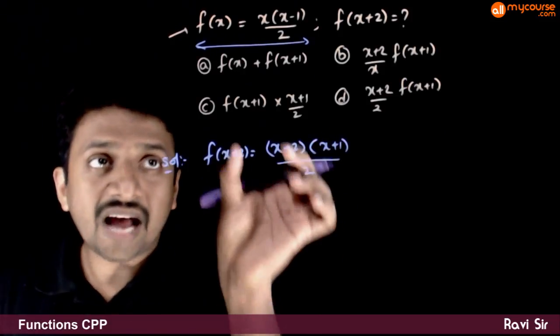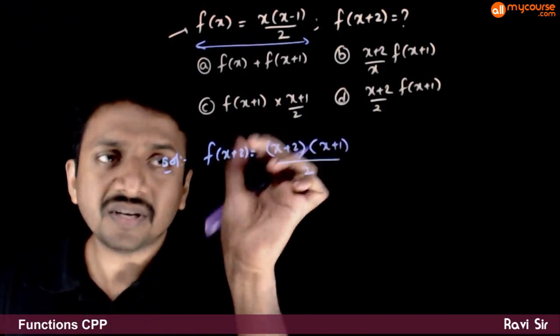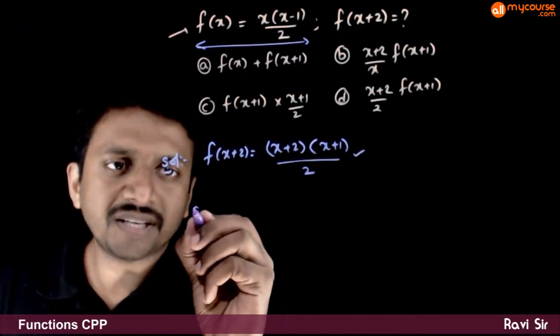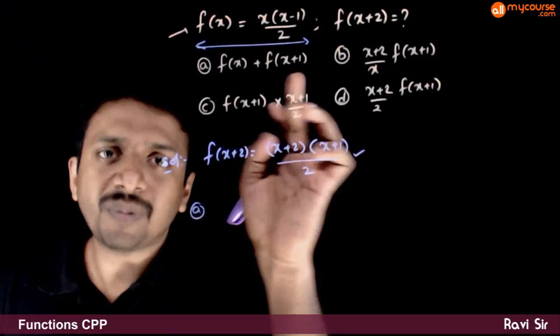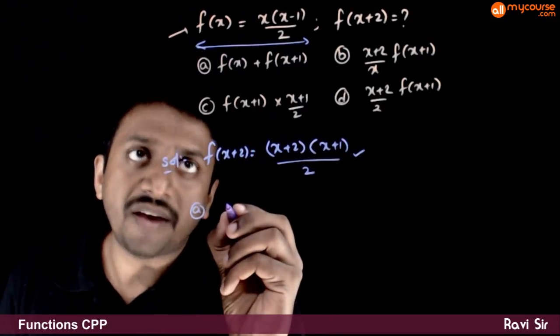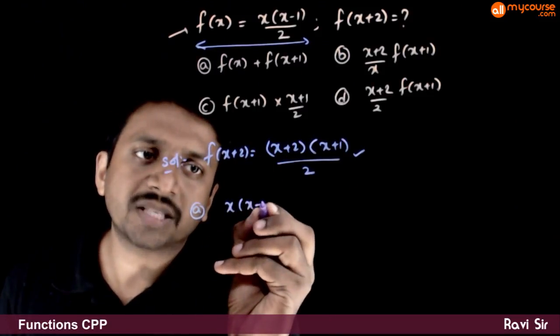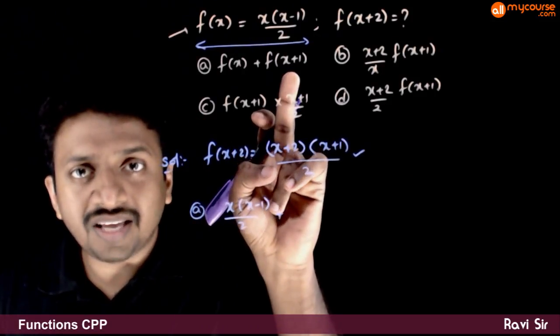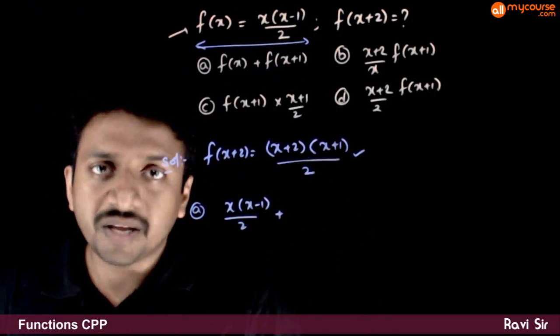Now, you have to check which of these options gives you the same answer, right? So if you take the first option, f(x) + f(x + 1). So f(x) is x(x − 1)/2, plus f(x + 1) is, just need to put x + 1 in the place of x.